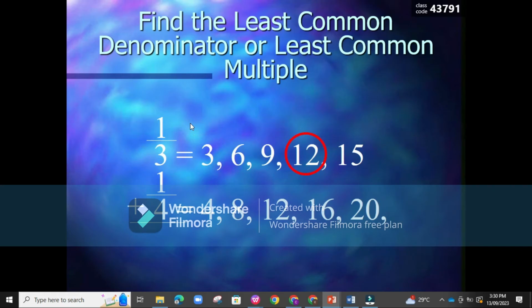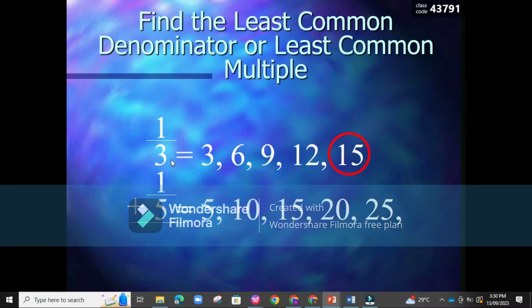Next pair of dissimilar fractions are 1/3 and 1/9. Alright. We have the denominator 3, the multiples are 3, 6, 9, 12, 15. And for the denominator 9, we have 9, 18, 27, 36, 45. Now the least common multiple or least common denominator will be 9.